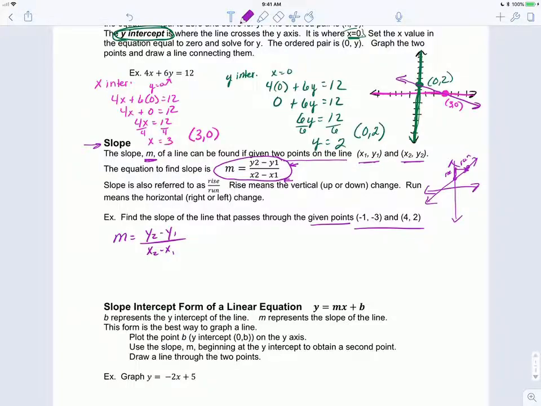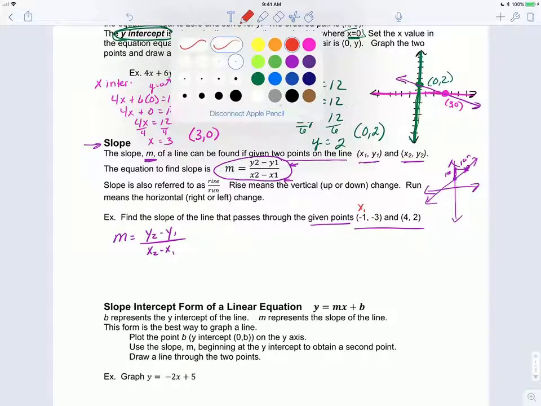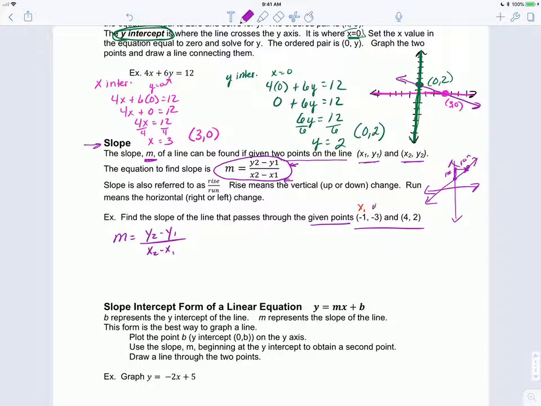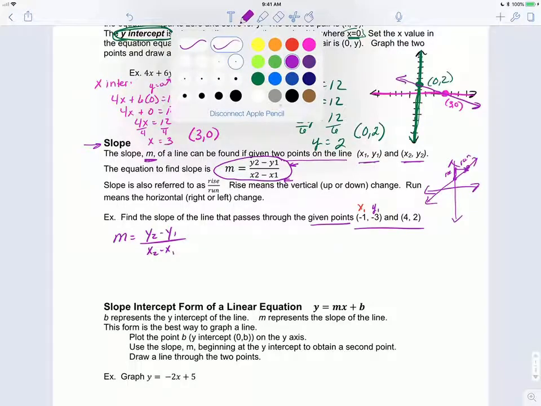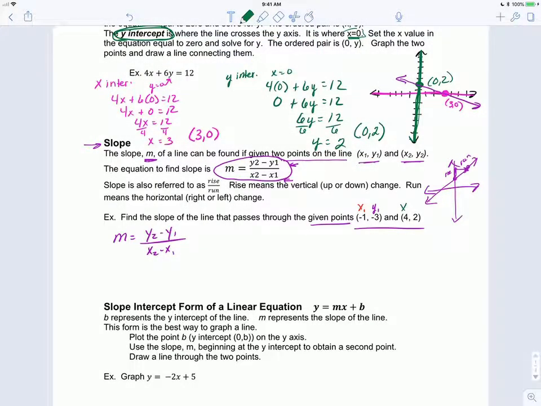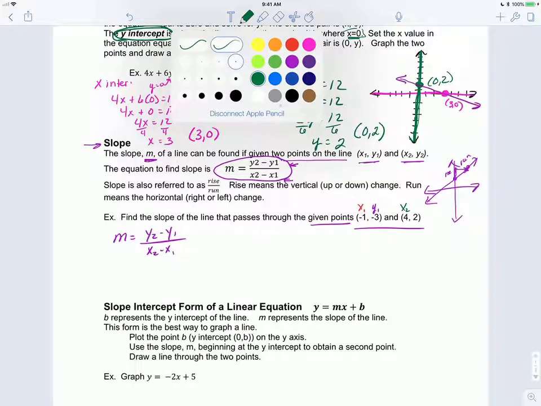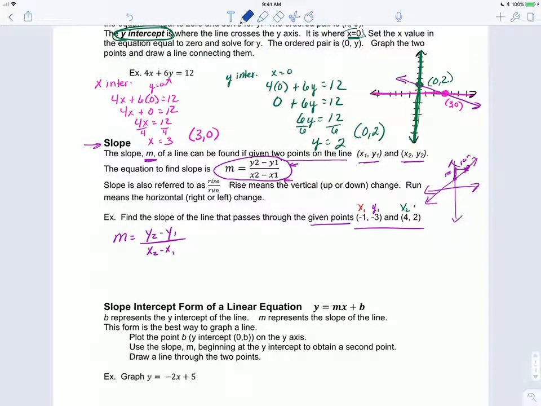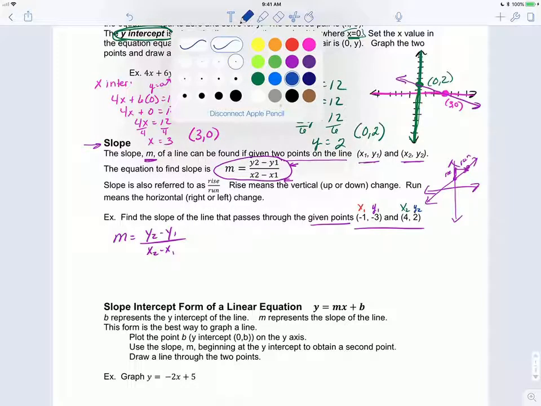Okay, so let's label all of these. Let's say this is my x1, this is my y1, this is my x2, and this one is our y2. We're going to use this equation.